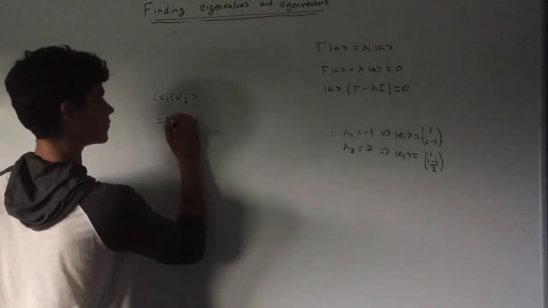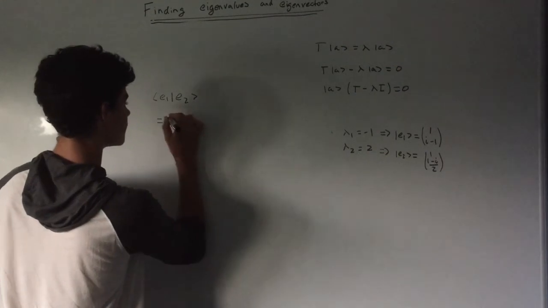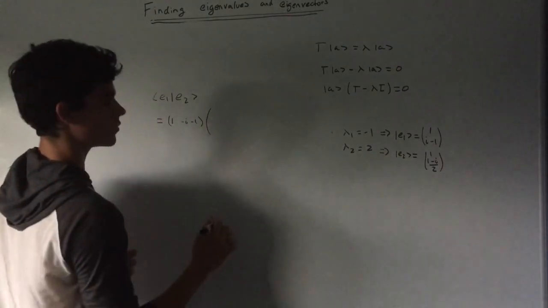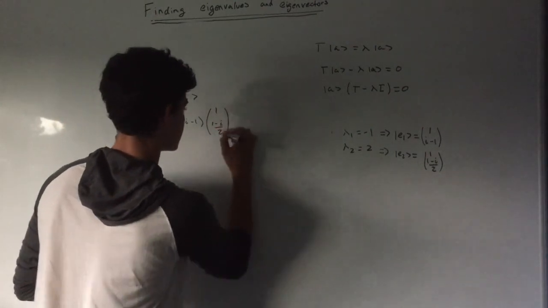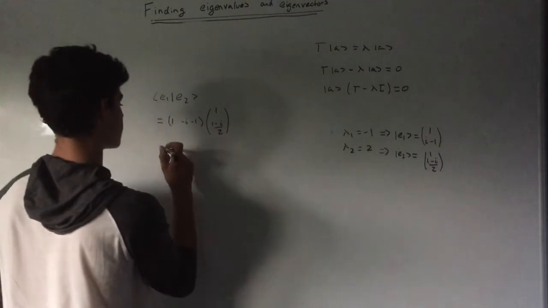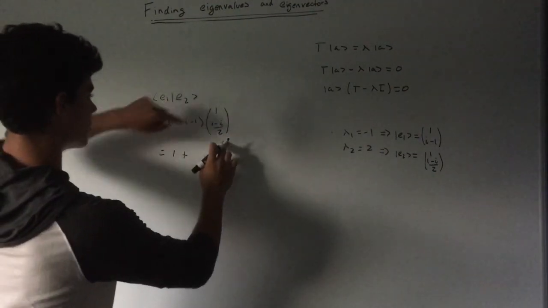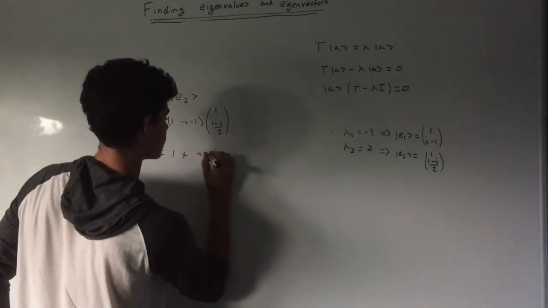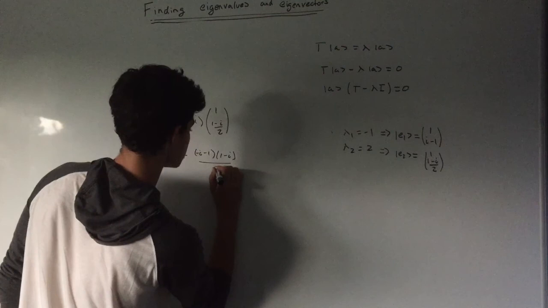So we'll have 1 times negative i minus 1, and then we'll lay it out as so. And now when we take the dot product, it's 1 times 1, 1 plus negative i minus 1 times 1 minus i over 2.